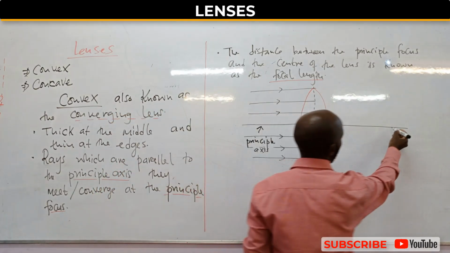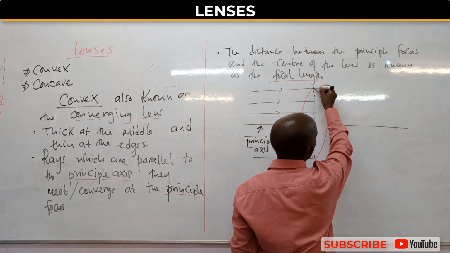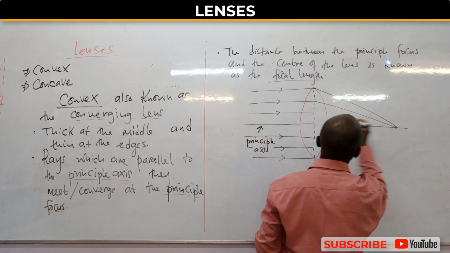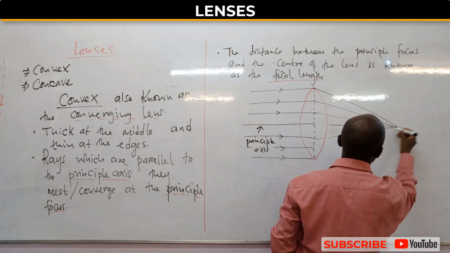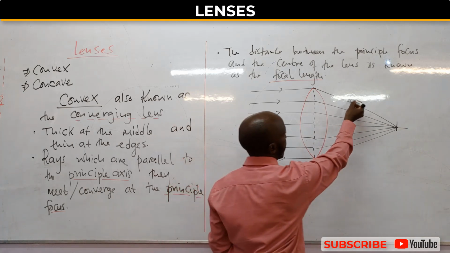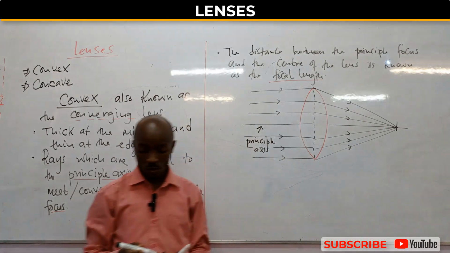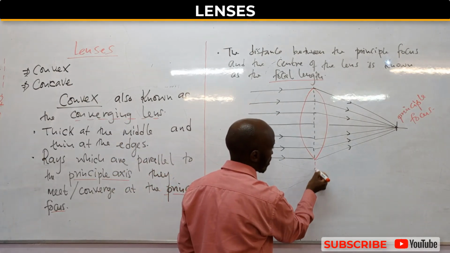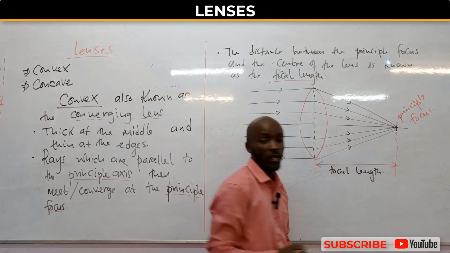So all of them would converge at this point, which we are calling the principal focus. Please use a ruler to do this. So all of them move and converge at that point. We call it the principal focus. And we said between the center of the lens all the way to the principal focus is the focal length.